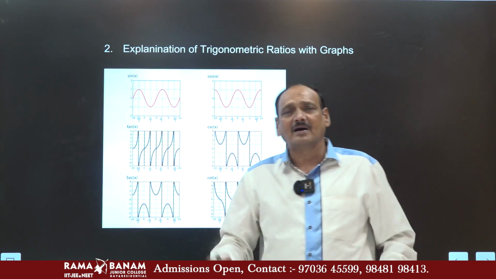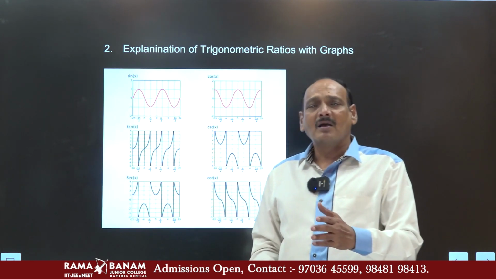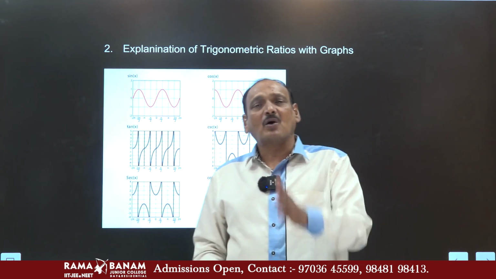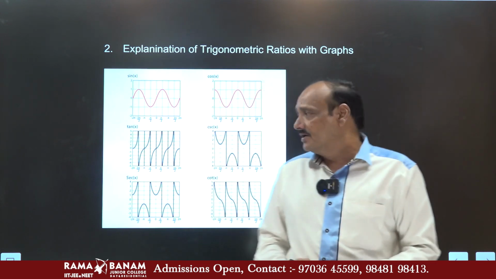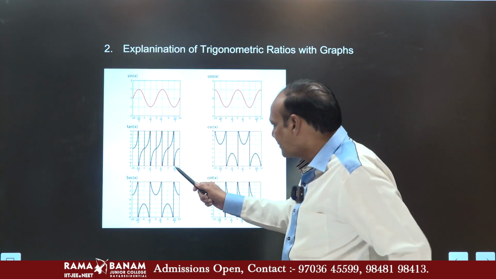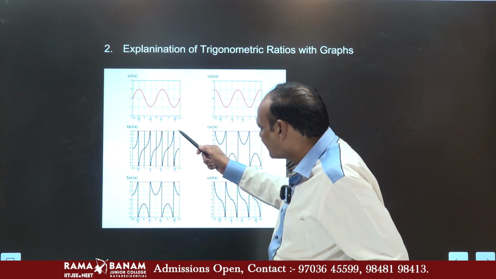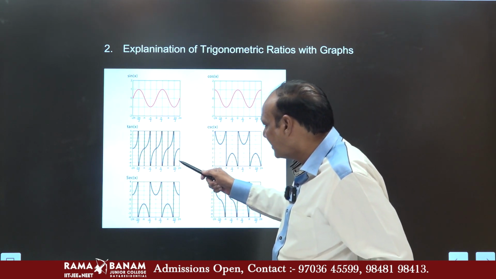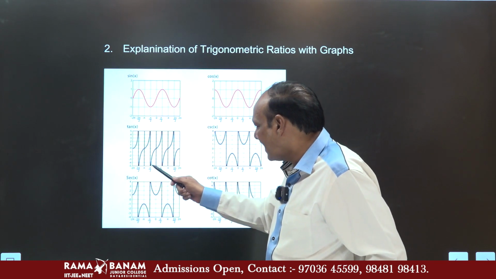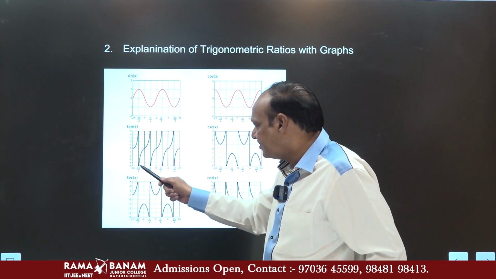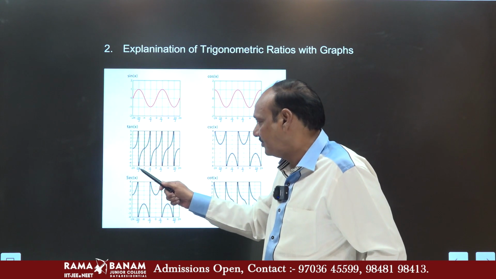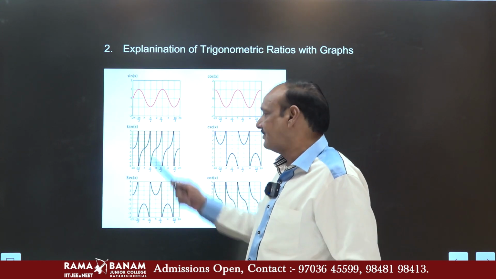So we can write that x belongs to R except odd multiples of 90 degrees. That's why it is discontinuous at 90, as we observed. Again it is discontinuous at 270 degrees, at minus 90 degrees, and at minus 3 pi by 2, that is minus 270 degrees.